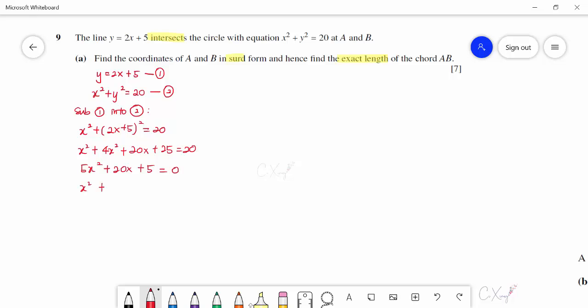I can further simplify it to x squared plus 4x plus 1 equals 0. Here we get a quadratic equation, and you will realize that we're not able to factorize it. So to solve for x, we need to apply the quadratic formula, which is negative b plus minus square root of b squared minus 4ac, divided by 2a.